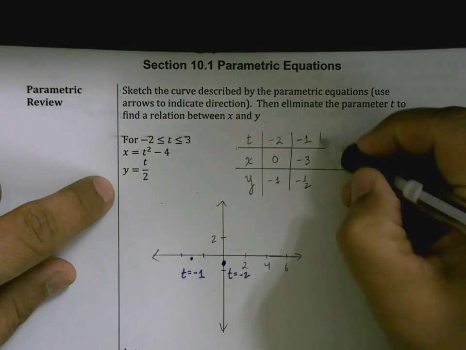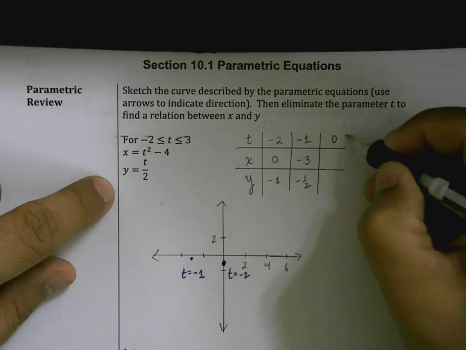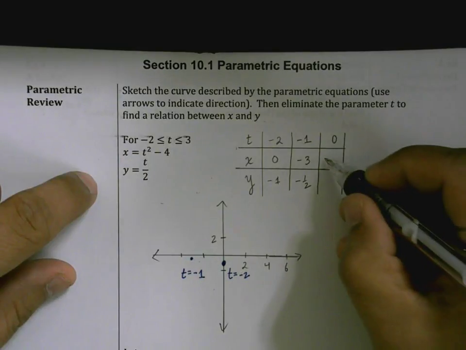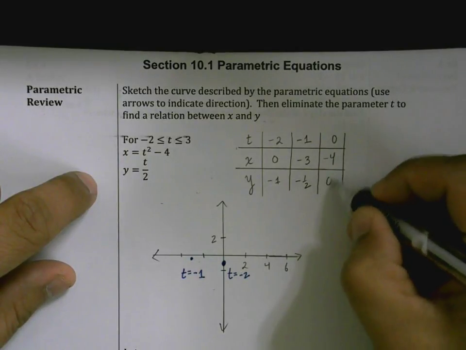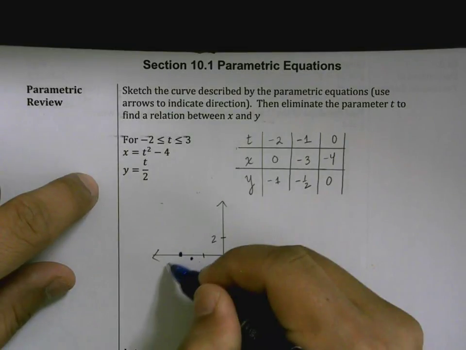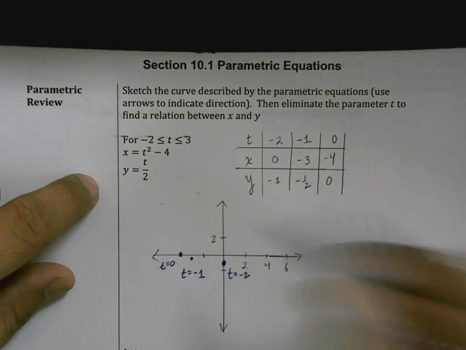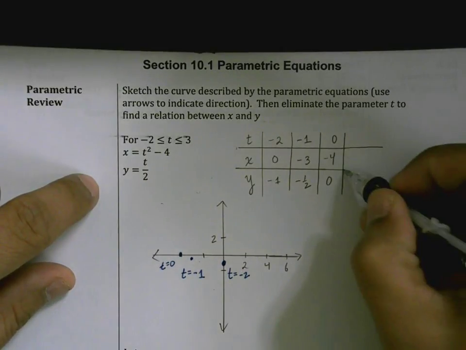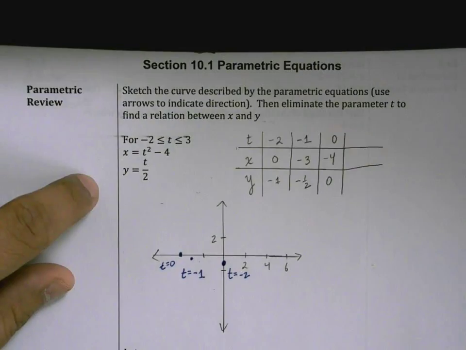And I'm going by increments of 1 here because it's a little bit easier to calculate, but you certainly don't have to. When t is equal to 0, x is -4, and y is equal to 0. And then when t is equal, I'm just going to hit pause on the video, keep going, and fill out the rest of this. I recommend you do the same and then compare your answers to mine.